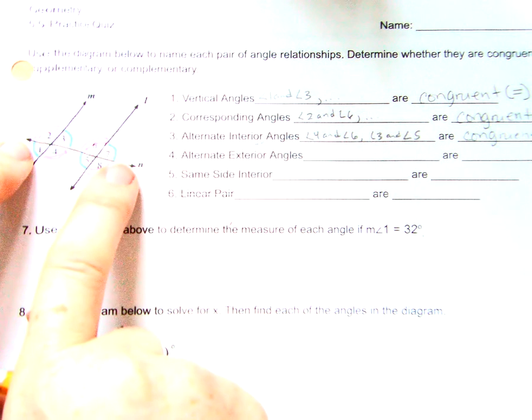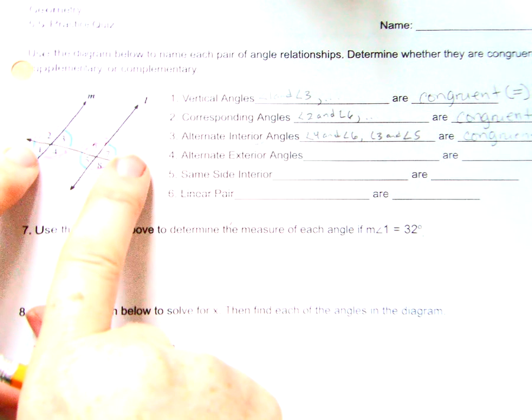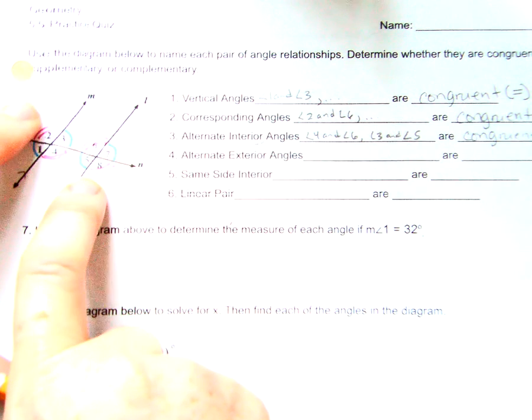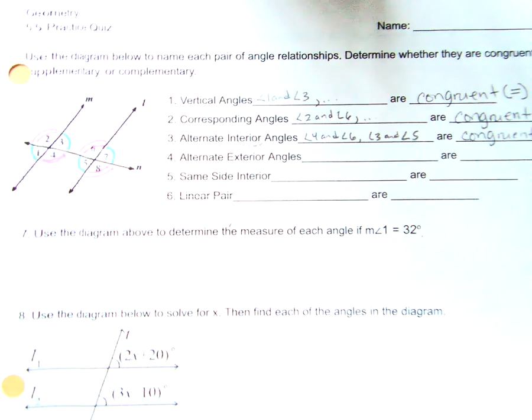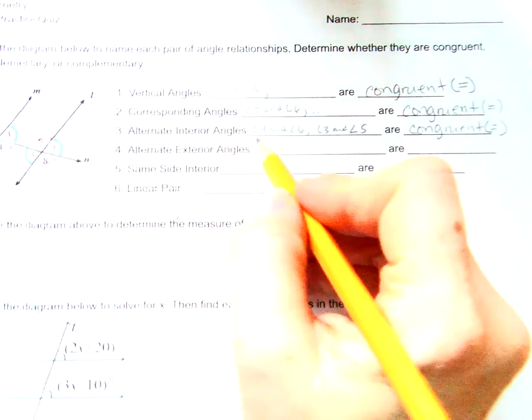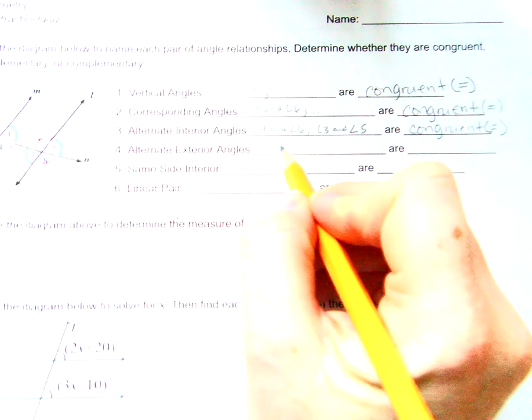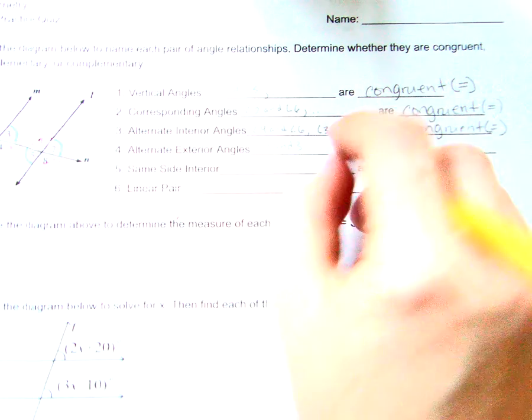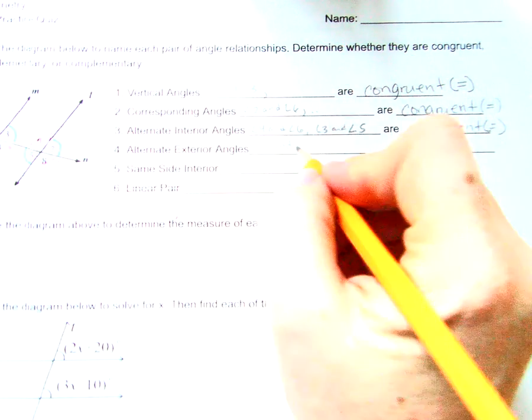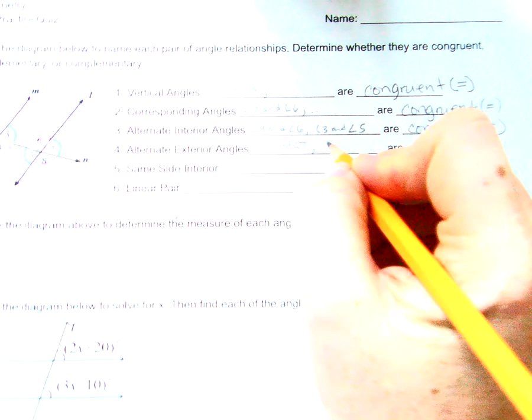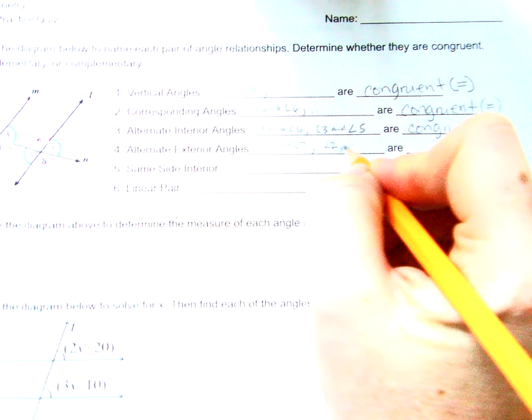So alternate exterior would be 1 and 7, and you can see marked with blue here that they're equal to each other. And 2 and 8 would be the other pair of alternate exterior. So we would say angles 1 and 7. And then we might also say like angles 2 and 8.